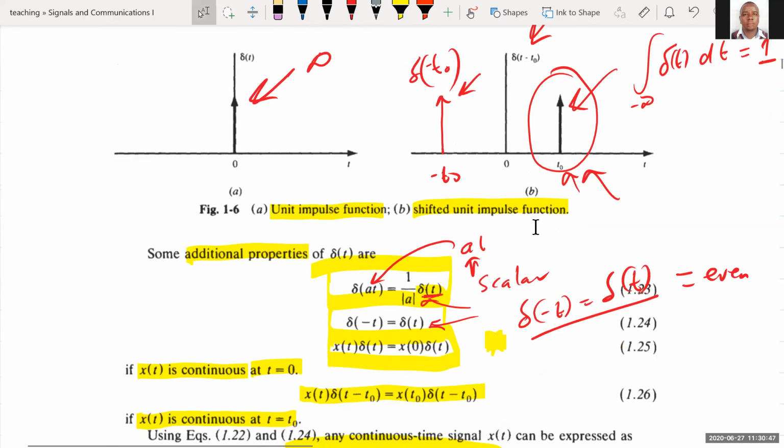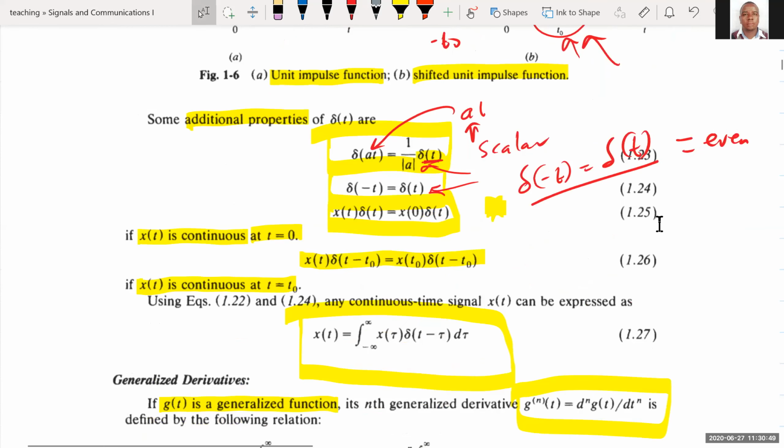And last but not least, there is equation 1.25, which says that a multiplication of a regular function with the delta function is equal to the function at time 0 multiplied by the delta function.